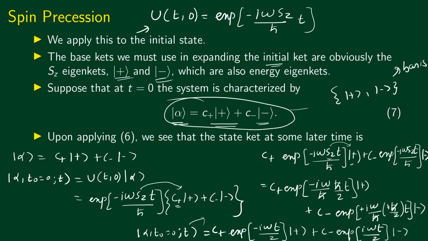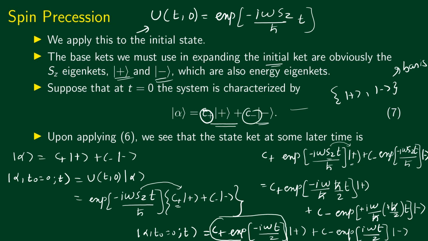This is how the time evolution operator acts on ket alpha, and we get the state at any later time. We see that the expansion coefficients that we had at time t = 0 are modified by getting multiplied by a pure phase factor. They are phase modulated. That's the only thing that has happened.